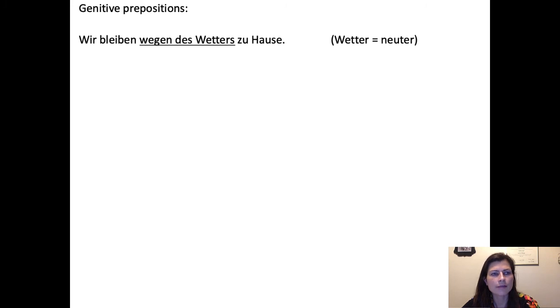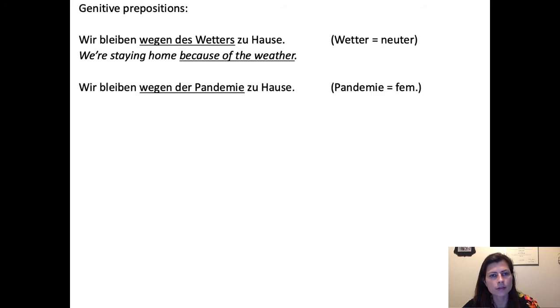Wir bleiben wegen des Wetters zu Hause. So wegen means because of, and so you see how when you have wegen, it's a genitive preposition. So what comes after, the object of the preposition, needs to be in the genitive. Wir bleiben wegen des Wetters zu Hause. Wir bleiben wegen der Pandemie zu Hause. Pandemie is feminine, so it's because of the pandemic, wegen der Pandemie.